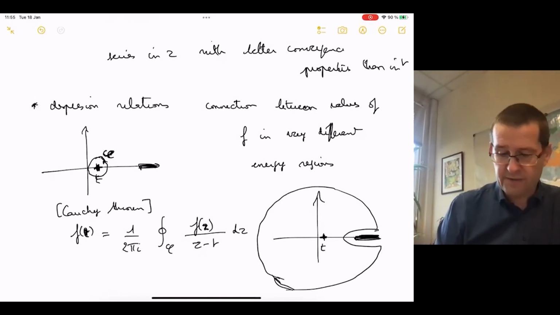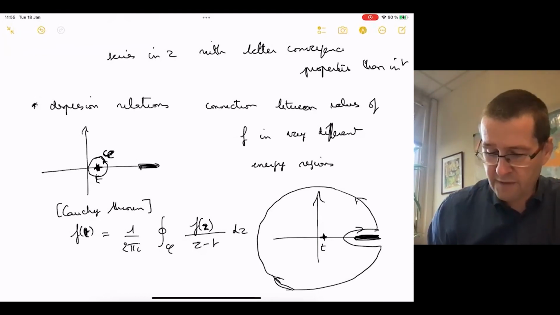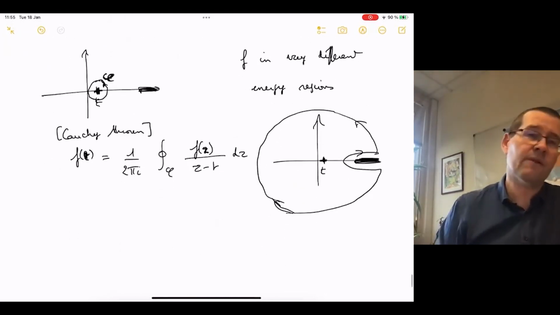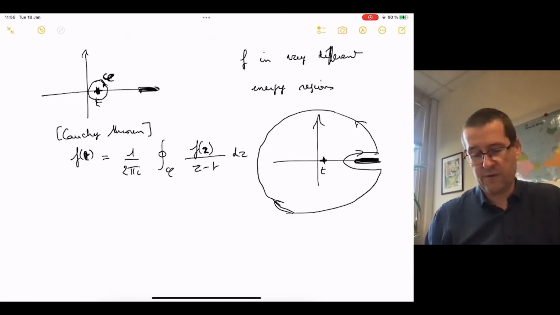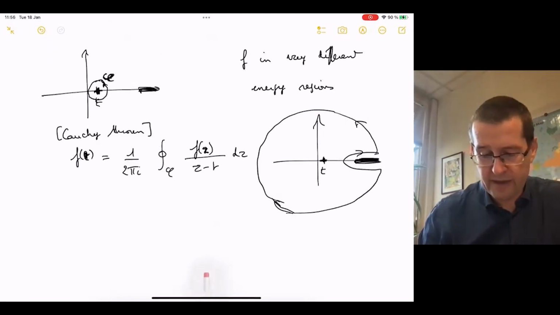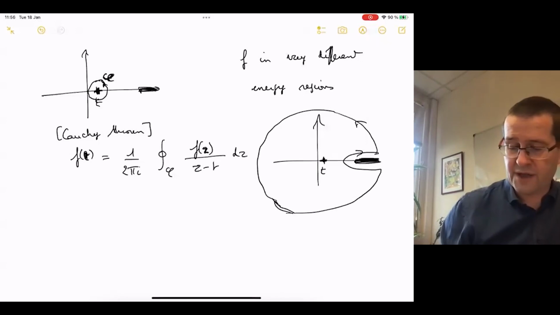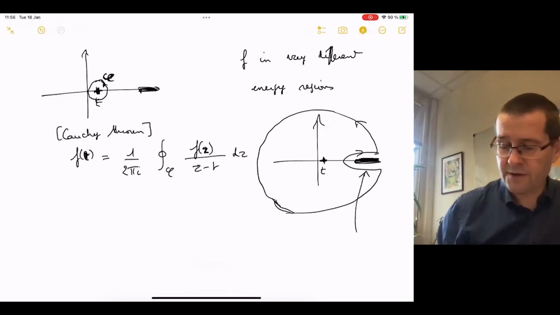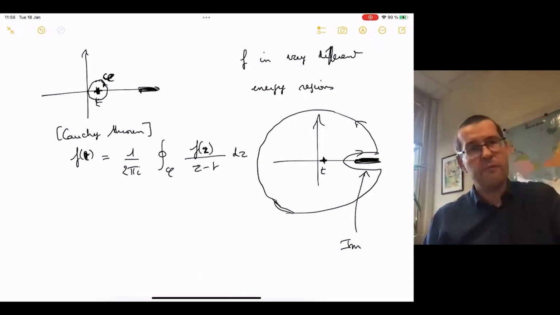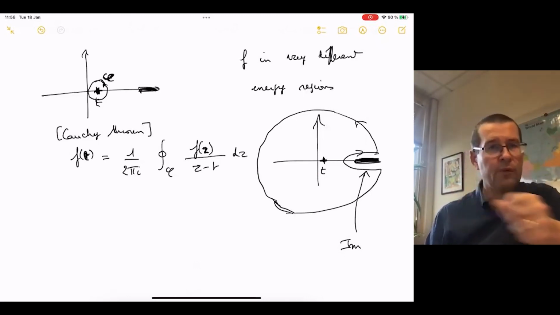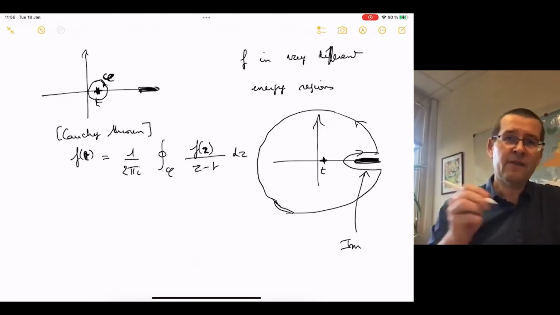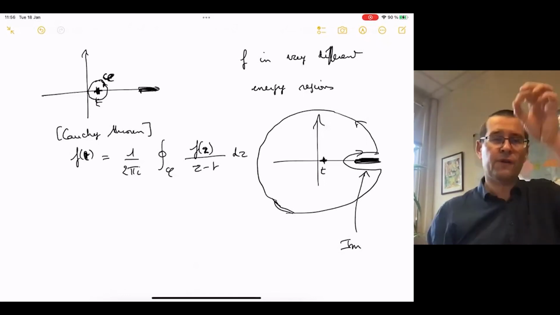That is quite reminiscent of things that you do when you start discussing the behavior of propagators in quantum field theory courses. And that means that this way you can relate the value of f(t) and the value along the cut, because you're taking the value below and above with opposite directions. So in the end, you get the difference of f along the cut just above and just below.